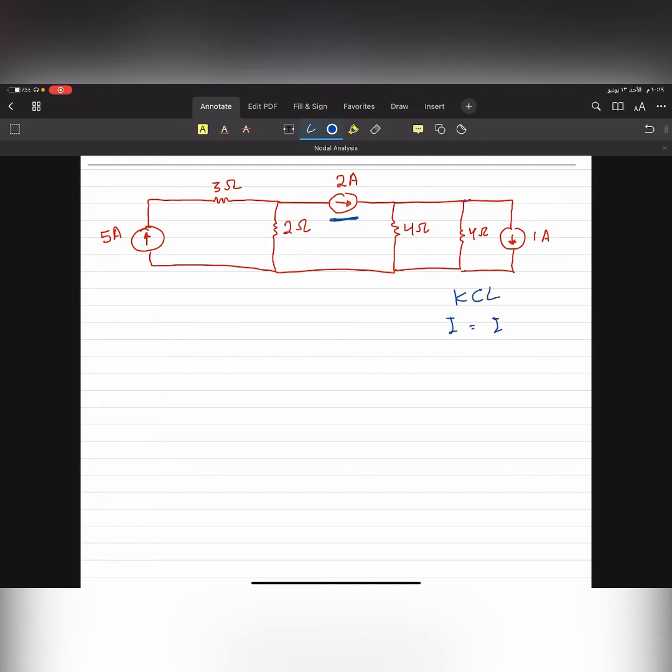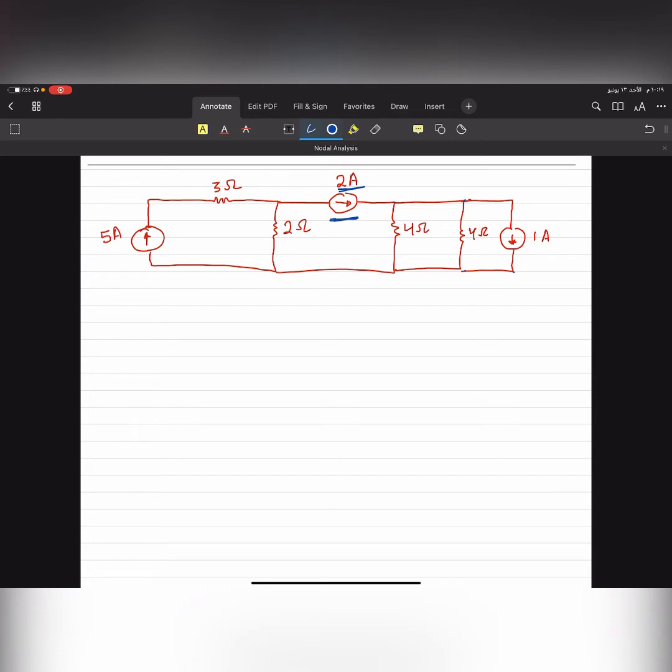For example, if I have, like the previous one, I1 equals I2 plus I3. Here I have a current source, so I will substitute the value of this current source directly. I don't have to apply Ohm's law and put V over R. So directly in this case, you can use the current that you have.